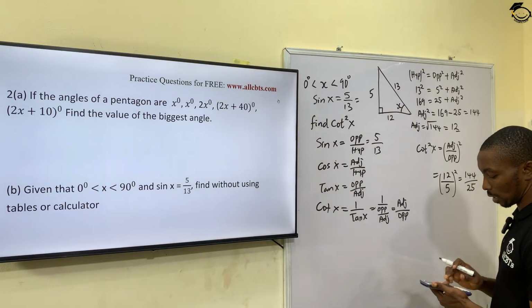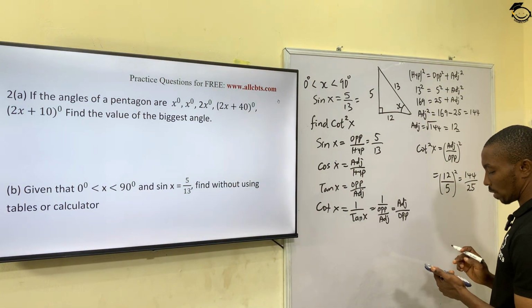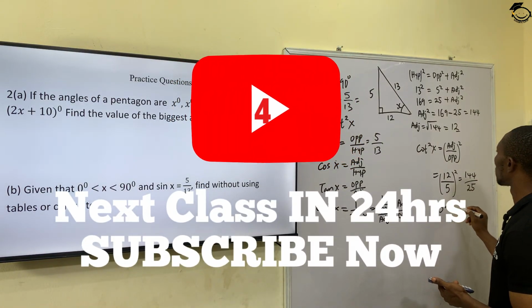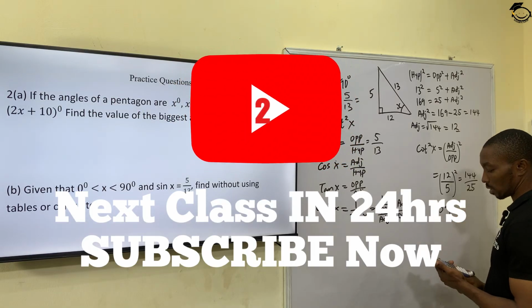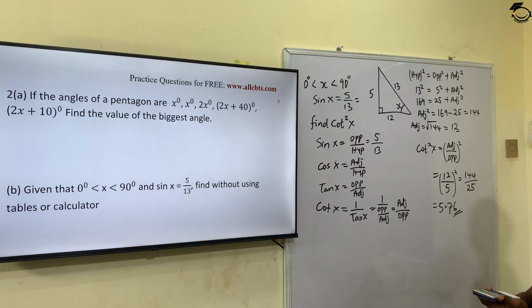So 144 divided by 25 would give us 5.76. 5.76 will be the value of cot squared x.